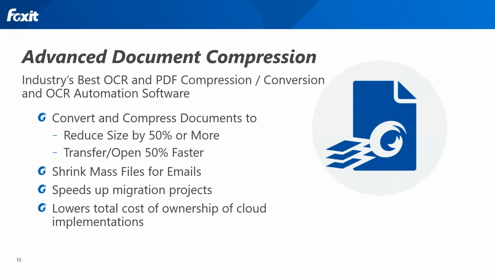It allows you to convert and compress documents to improve your transfer and open rate by about 50%, reduce the size of documents by sometimes 50% or more. You can shrink files for emailing, which really helps out. It can speed up your migration projects and help to lower the overall total cost of ownership of cloud implementations. It's just a few other things that I wanted to touch on.